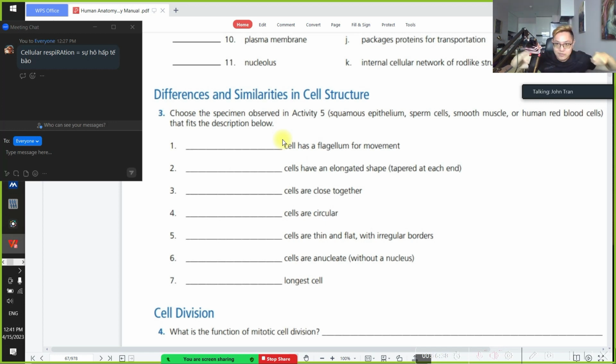Like smooth muscle are often very long, you know, right? Yeah. So it's a smooth muscle, cơ trơn láng. Smooth muscle cells have an elongated shape, tapered each end. Cơ thường nó kéo dài lắm nha. Okay. So number 3, what cells are close together? Những tế bào nó cứ san sát với nhau.